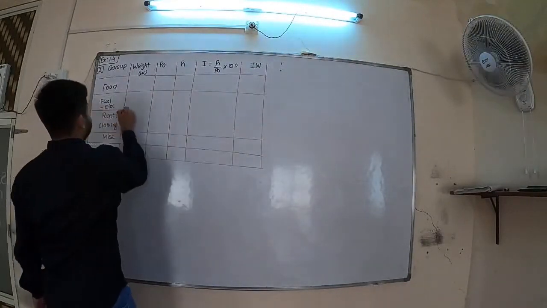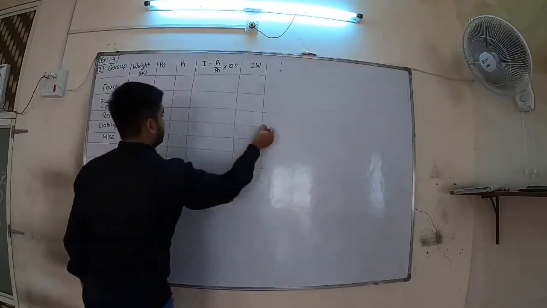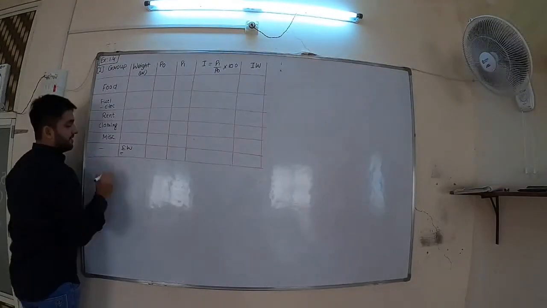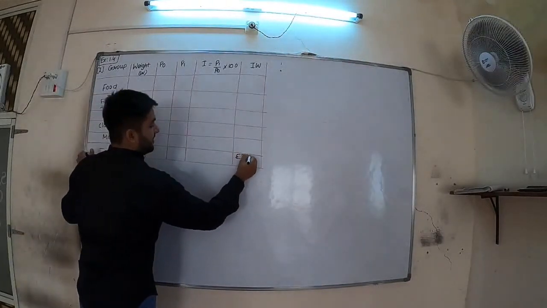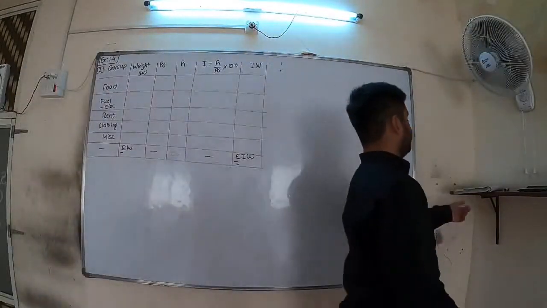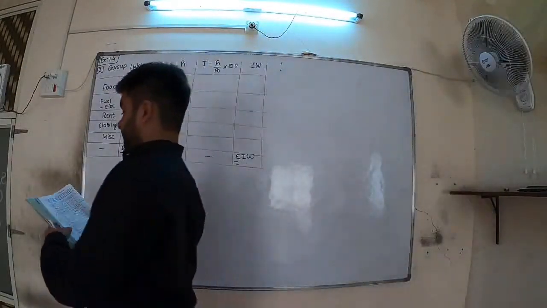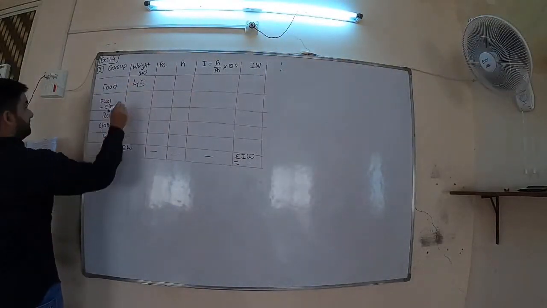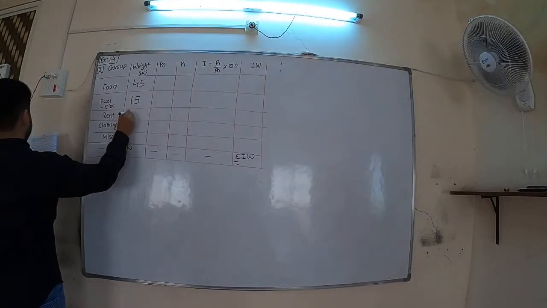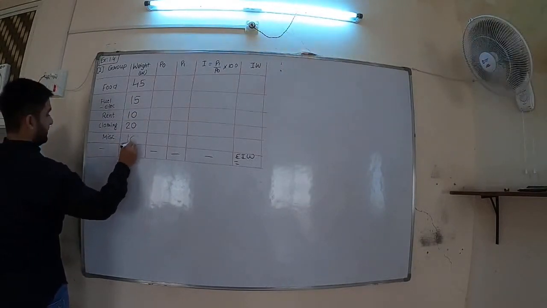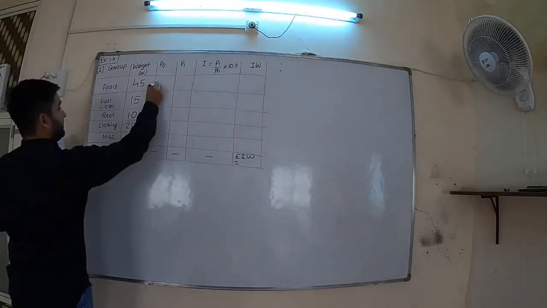Now we will write the data. The formula is sigma W, and as per the formula sigma IW. Nothing else. Now I am writing the data: 45, 15, 10, 20, 10.